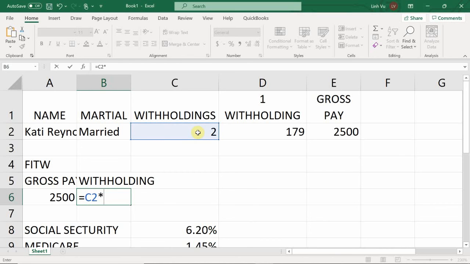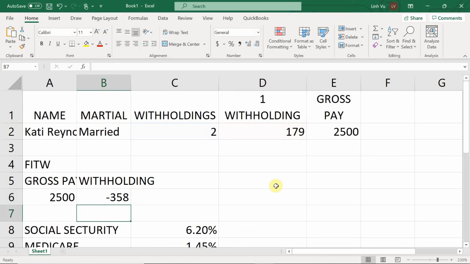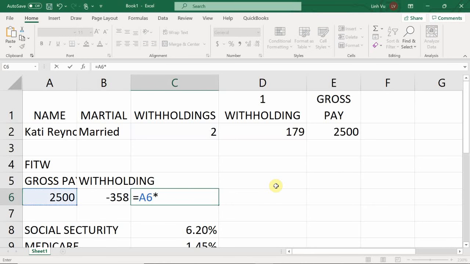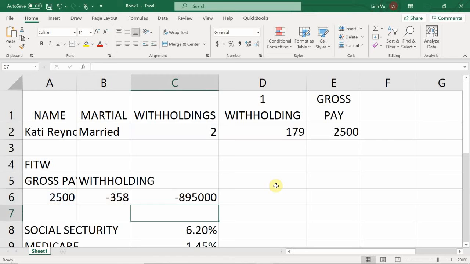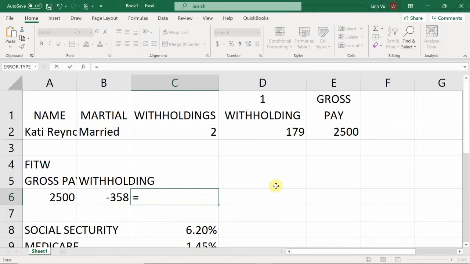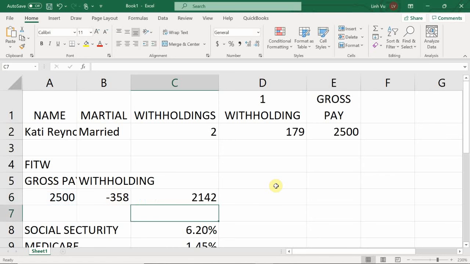So in this case, right, we're going to subtract out, since she claimed 2 withholdings and it's going to be $179 per withholding, she gets to take out $358 from her paycheck, meaning that she is only subject to have taxable, she's only to have that's available to tax is about $2,142.